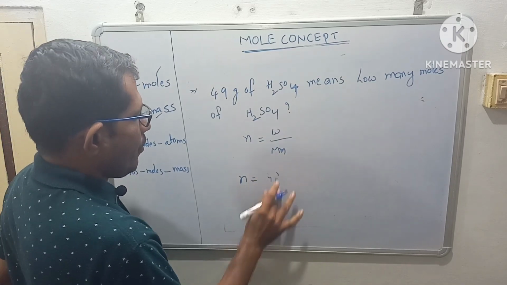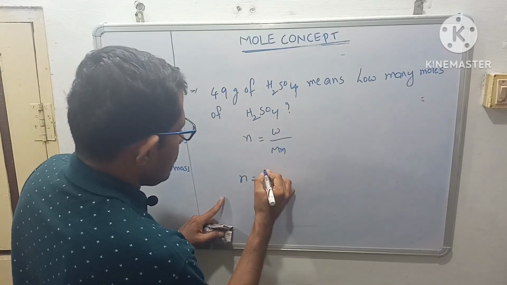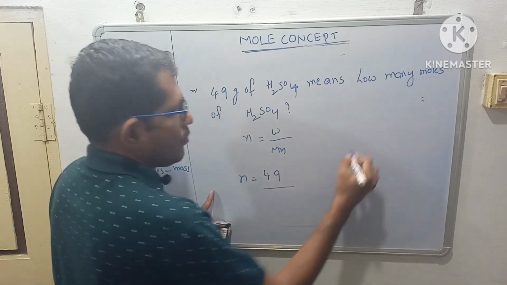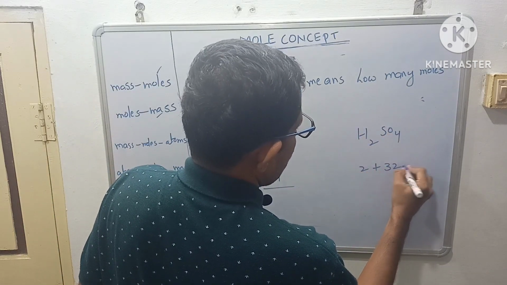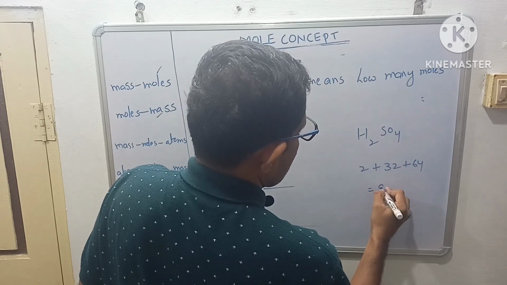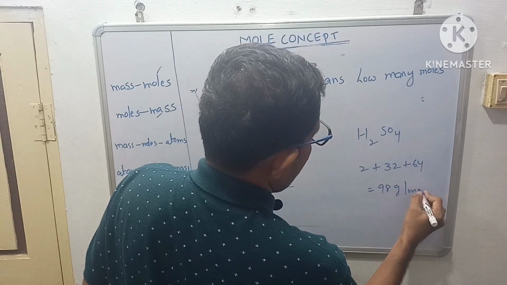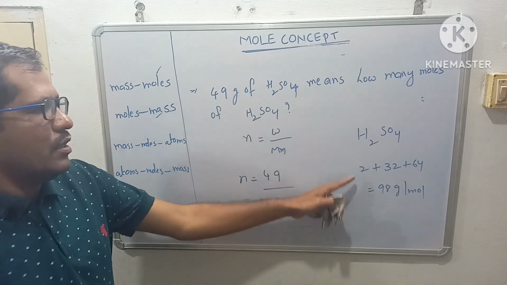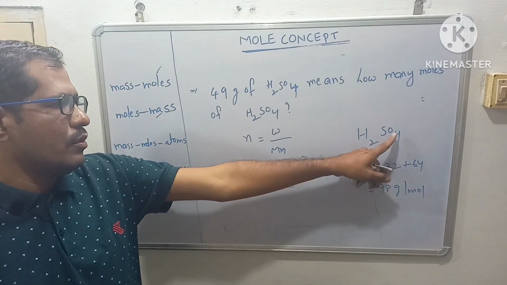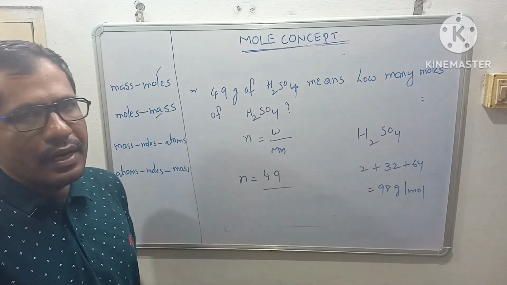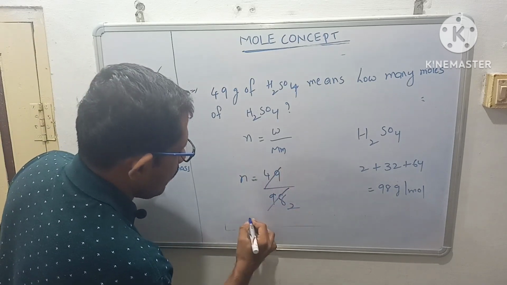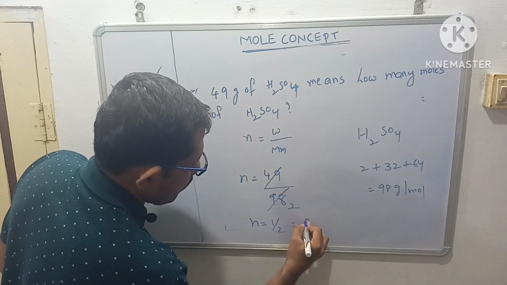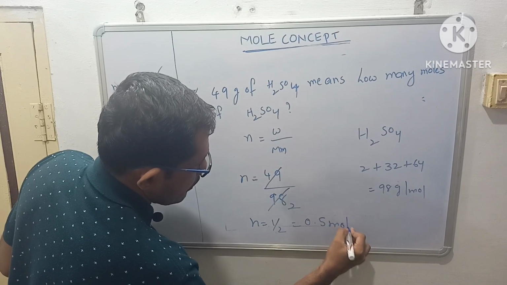For H2SO4, the molar mass is 2 plus 32 plus 64. It is coming 98 gram per mole, right? Hydrogen it is 2, sulfur it is 32, oxygen it is 64. So 98 gram per mole is coming. I am going to substitute here, right? n equal to 49 by 98, that is equal to 0.5 mole is coming.